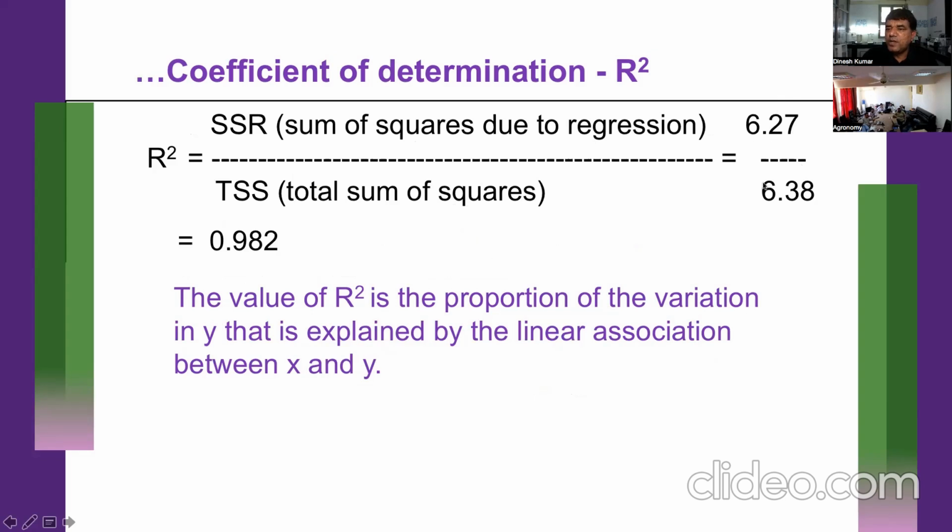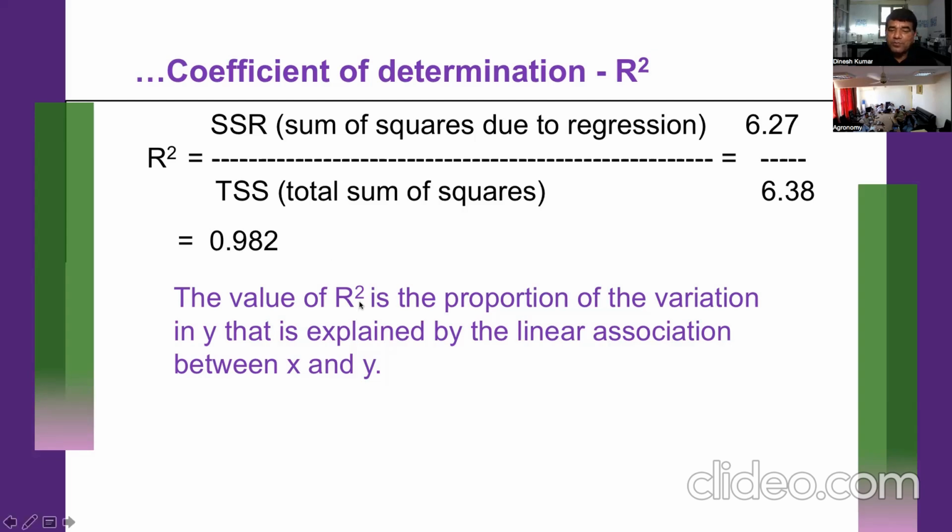So it is 6.27 by 6.38. So you see the sum of squares is calculated directly. And you remember you calculated the correlation coefficient by a different formula. And here R square is calculated by a different formula, which gives 0.982. If you take the square root of 0.982, it will come to 0.991, which is your coefficient of correlation. So therefore, they are directly related to each other.